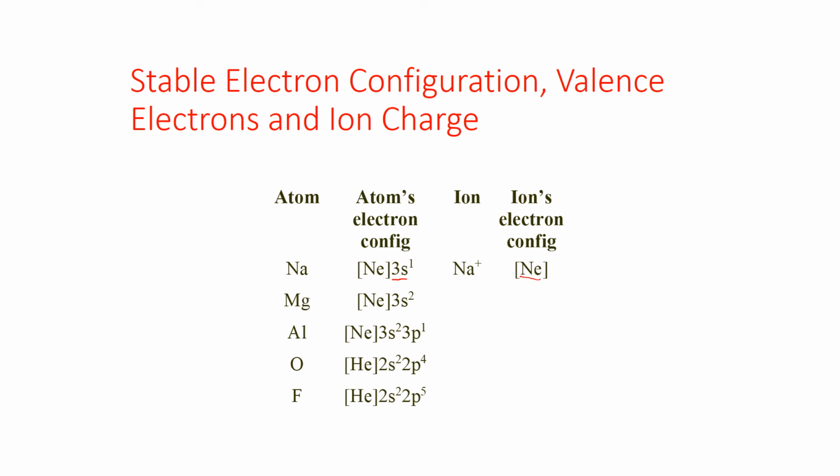We're going to see a similar pattern for magnesium as well. Magnesium in column 2 has 2 valence electrons, and those metals in column 2 tend to lose 2 electrons to become a +2 charge. They're going to lose those valence electrons. And again, when they lose the 3s2, what's left behind is just the noble gas core. So the magnesium ions have an electron configuration similar to that of the noble gas neon. And we see the same pattern for aluminum. Aluminum forms a +3 charge when it forms an ion.